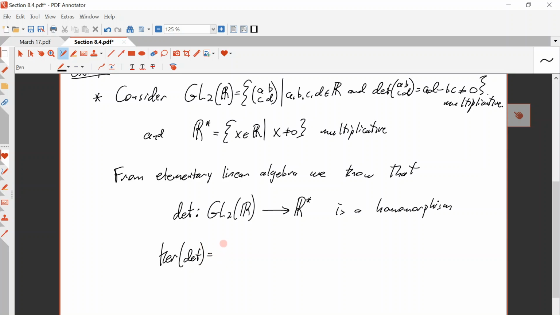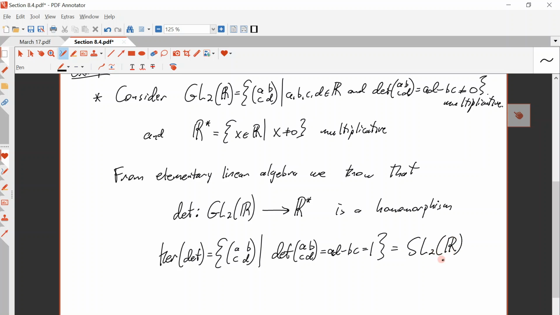It's the set of all matrices (a, b; c, d) such that the determinant is the identity element of R star, which is 1. So ad minus bc is going to be equal to 1. And that's the SL2 R, the special linear group.